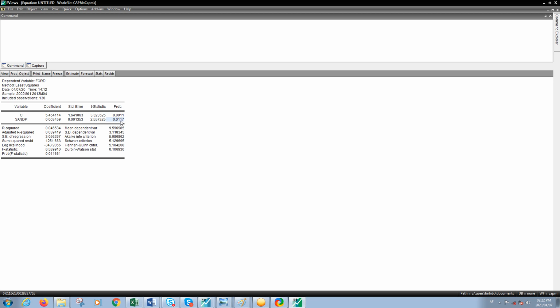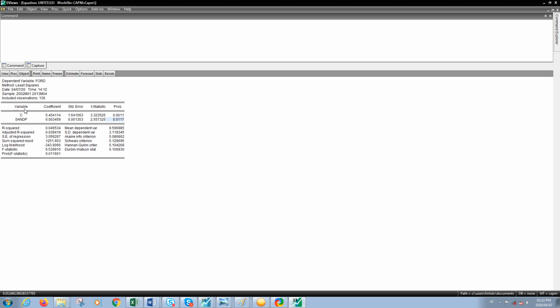Now in this case, it is, right. It's 0.0117. So it's lower than 0.05. So we can draw a conclusion that our p-value is lower than 0.05. Therefore, at a 95% confidence level, we can reject the null hypothesis of insignificance and accept the alternative hypothesis of significance.